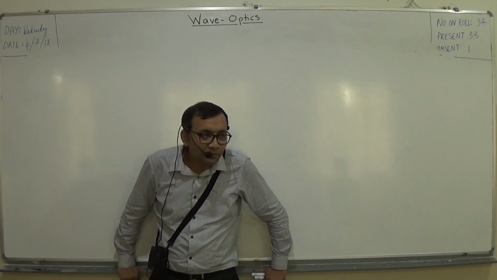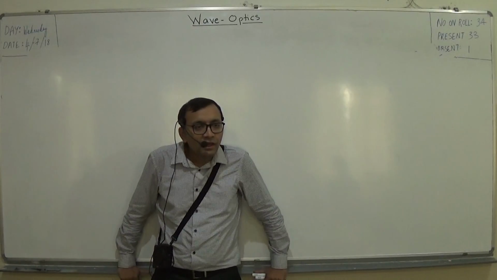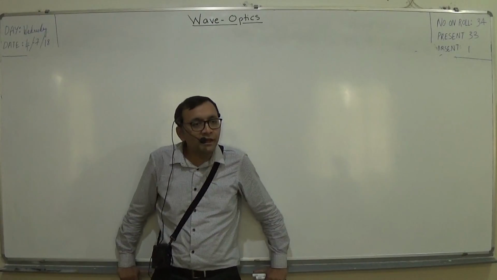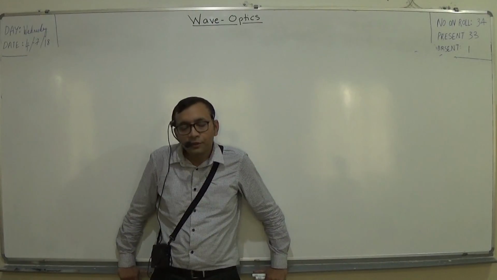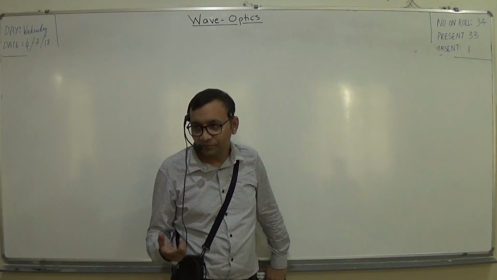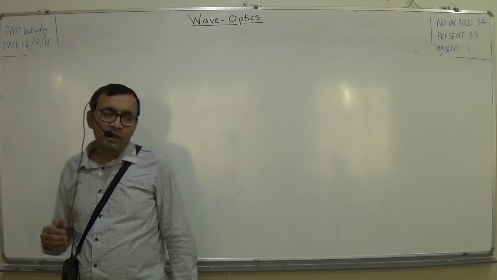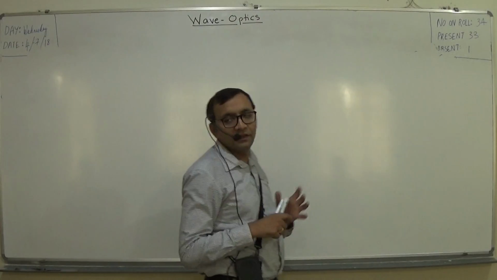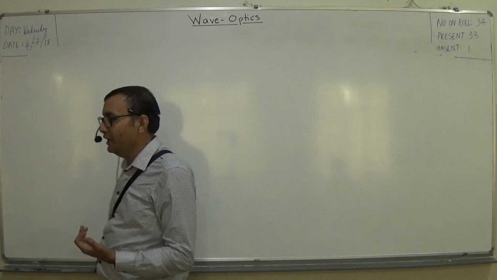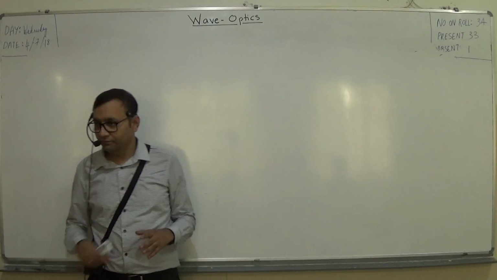If some good scenario happens in your life, you will be happy, and in some other scenario you will be sad or angry, or you will be showing different kinds of behavior. You will be showing multiple kinds of behavior, but light has only two behaviors: as a ray and as a wave. Now, as a ray, we have studied it in great detail. Now is the chance to study the light when it behaves like a wave.